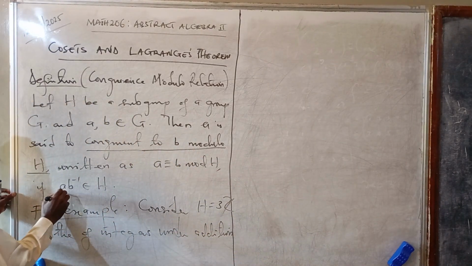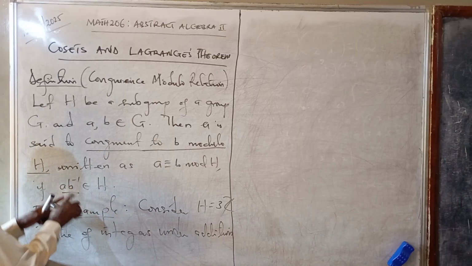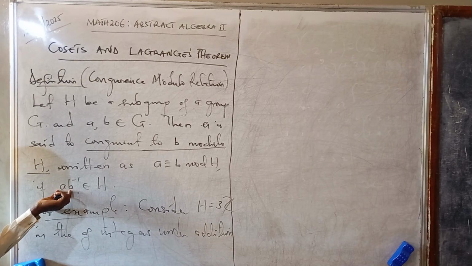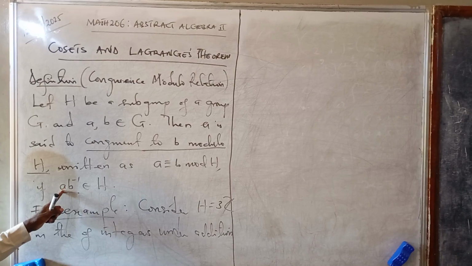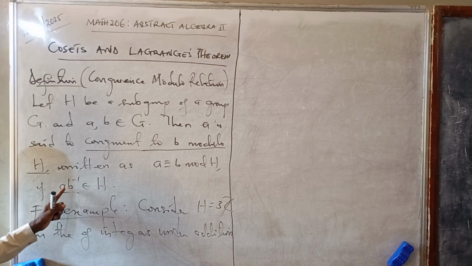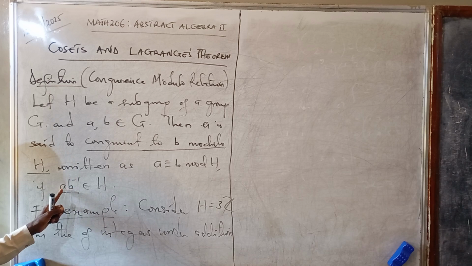And here you have to take note of the fact that we are denoting the operation multiplicatively. So the operation between A and B inverse may be addition. So it can be A plus B inverse, and in the additive notation, B inverse is minus B.